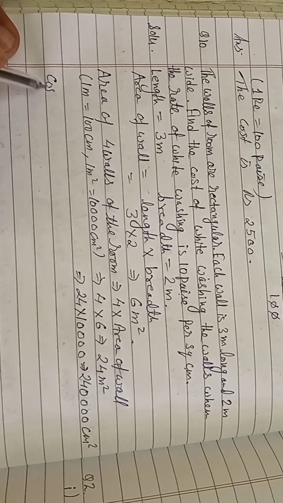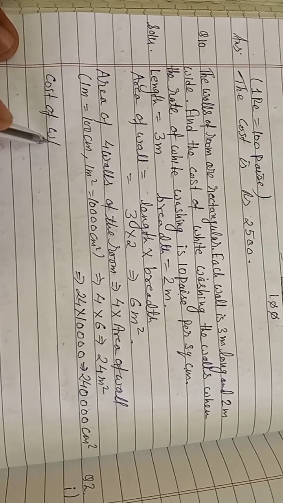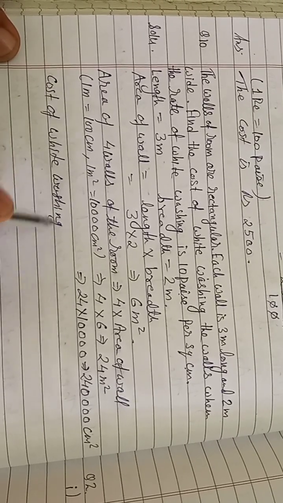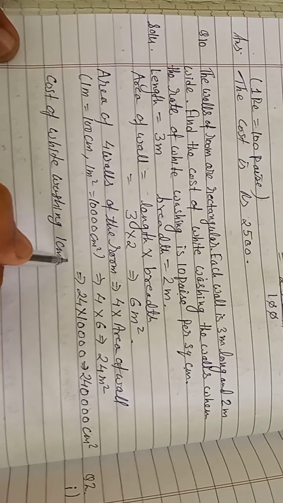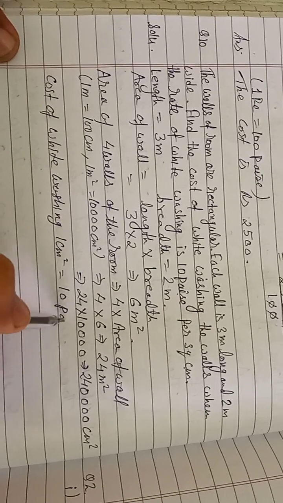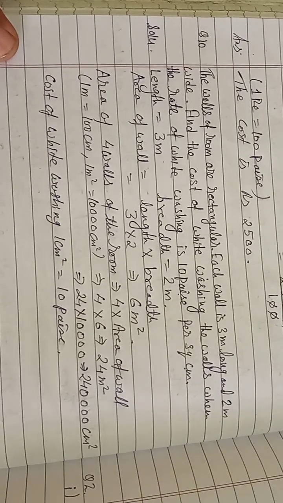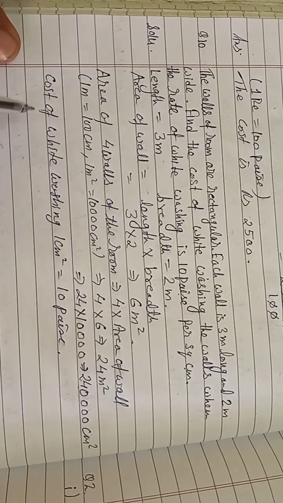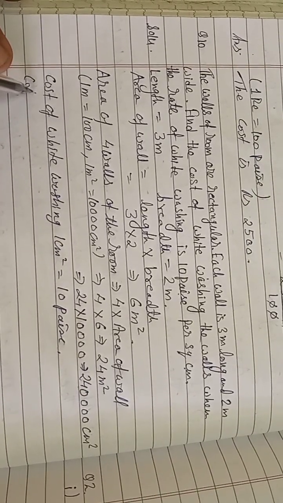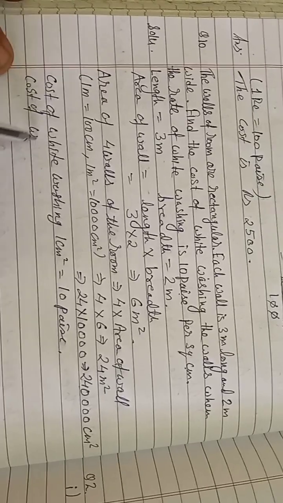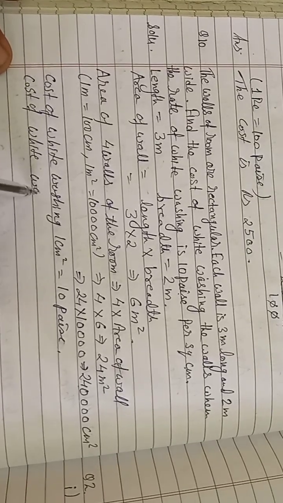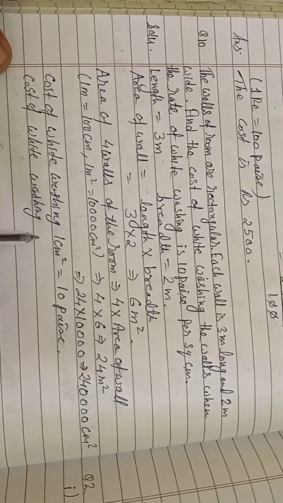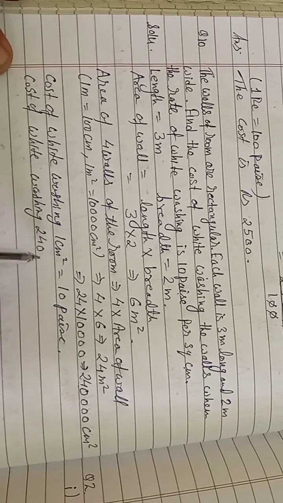Now we have to find the cost of whitewashing. What is the cost given? Cost of whitewashing 1 centimeter square equal 10 paise. So what is the area? That is 2,40,000. So cost of whitewashing 2,40,000.